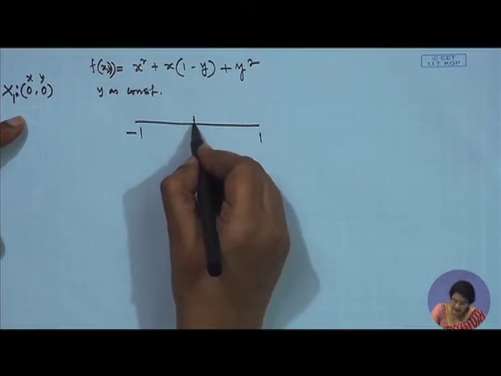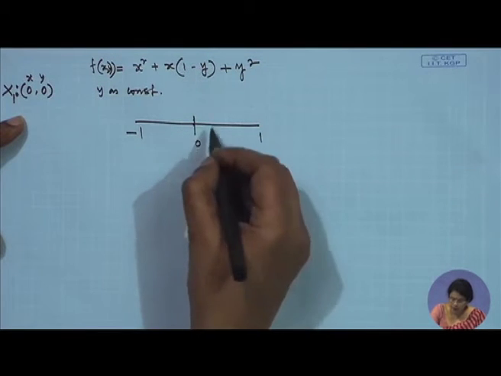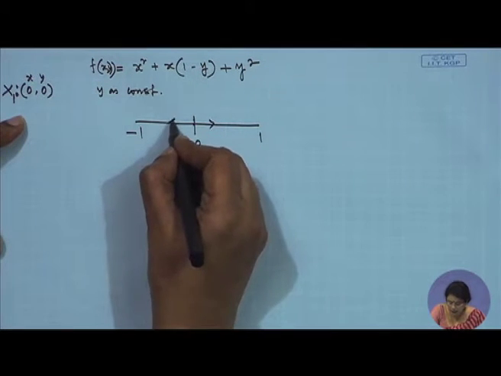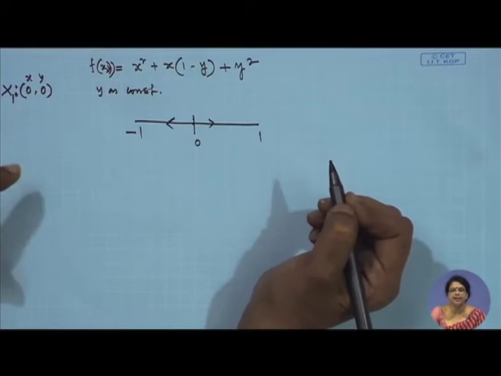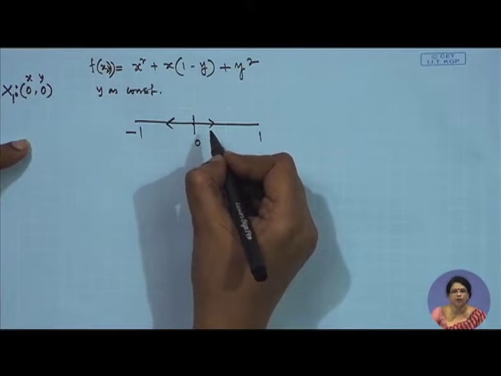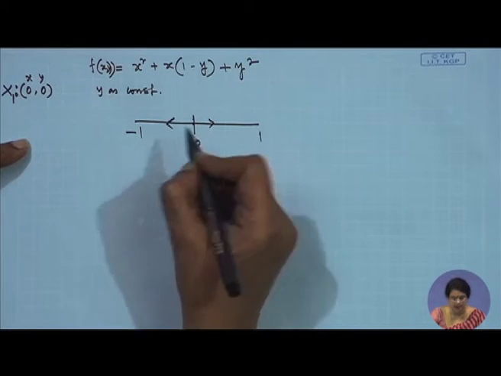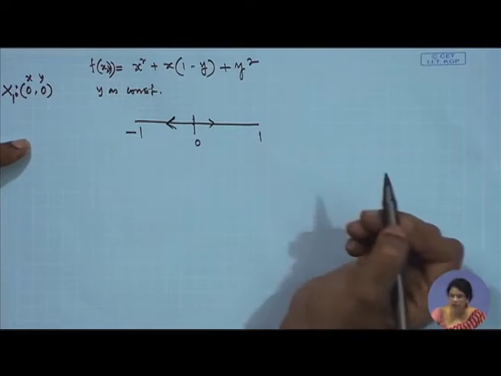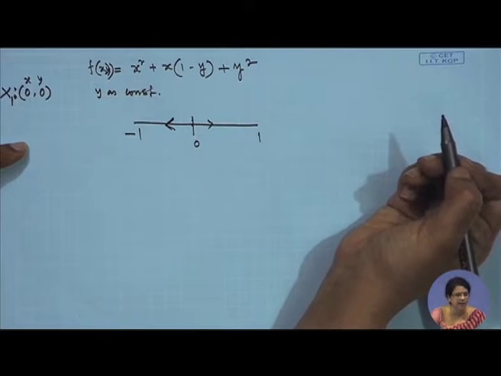If I change x keeping y constant, I am starting from x equal to 0, and I can move this way or that way. I will see if I move this way, whether the functional value is increasing or not, and the same for the other way.